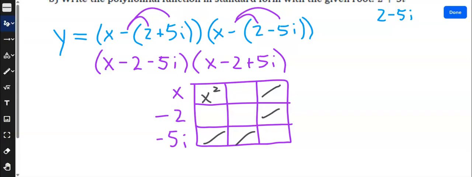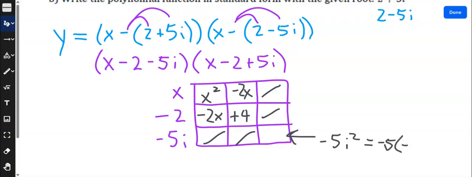We got x squared minus 2x minus 2x plus 4. And then down in this corner, we have minus 5i squared, which is equal to minus 5 times negative 1, or, oh no, that's not right, minus 25i squared.